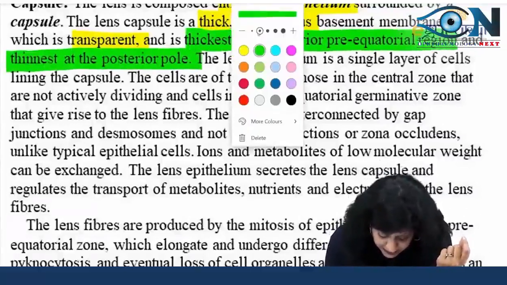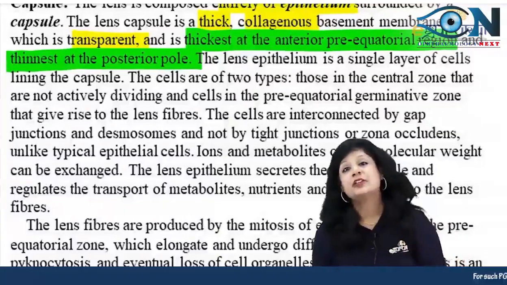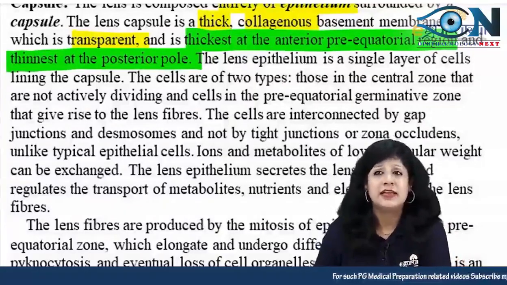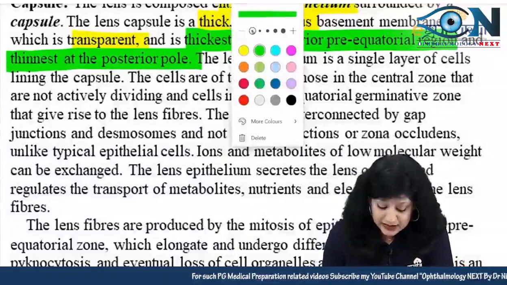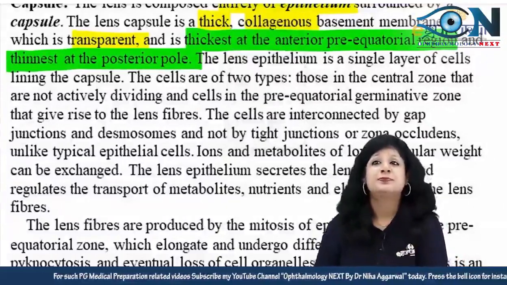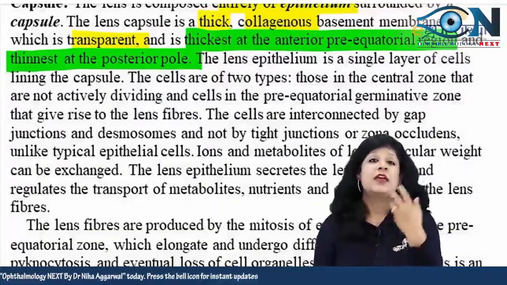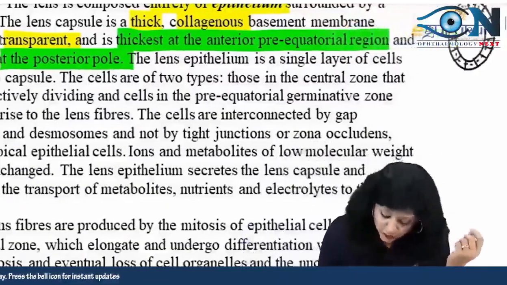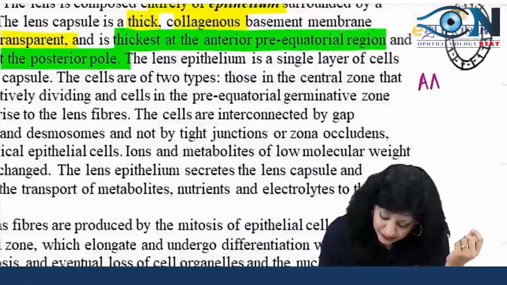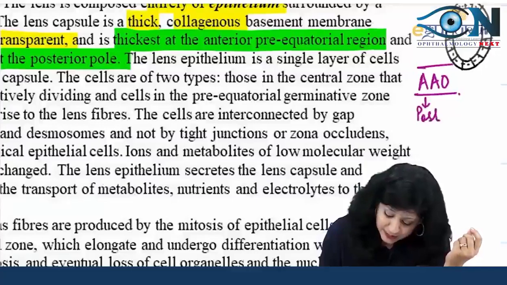Now here you will say that you must have written that it is actually thickest at the precutorial area, and if you remember in the classes also I do tell you that Parsons says that it is the anterior precutorial area where it is thickest, but if you go with the American Academy of Ophthalmology journal, then that says that it is the posterior precutorial area which is thicker than the anterior.